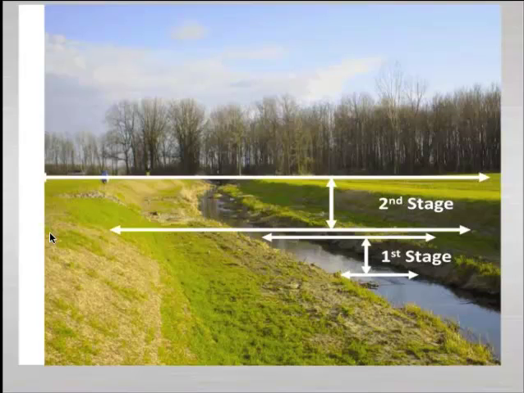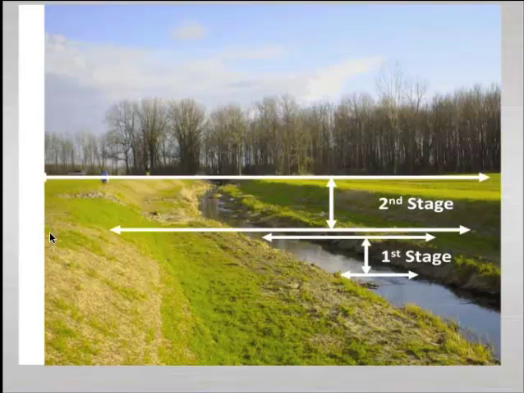So let's just focus really quickly on the 2-stage. Obviously, the bed would be the bottom of the bed up to the little floodplain area. We call it the inset channel. That would be the first stage, and we can size that based upon what we think nature would like to create.